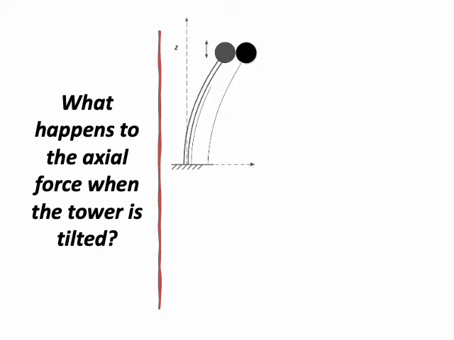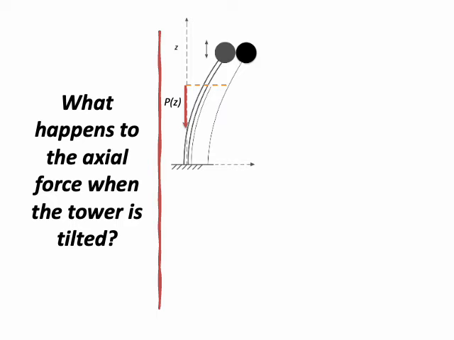In this final slide, I'm going to focus on what happens to the axial force when the tower is subjected to a small tilt. At a given height z, we have axial force PZ downward before tilt.